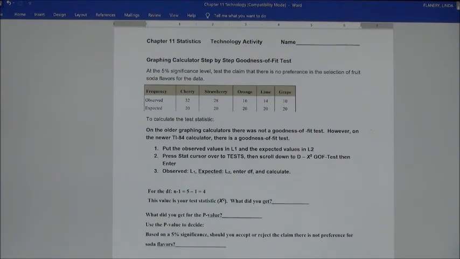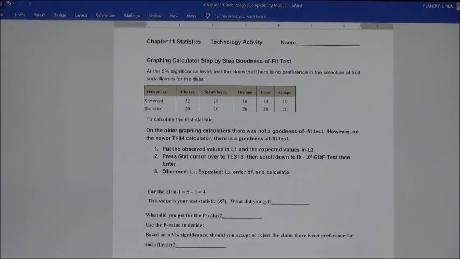That means we are going to accept the alternative hypothesis, that they are not equal. The claim is there is no preference, meaning they are equal. So we're accepting that they are not equal. Should we accept or reject the claim that there is no preference? We're going to reject the claim, because we're saying they're not equal, instead of saying that they are equal, which is the no preference.